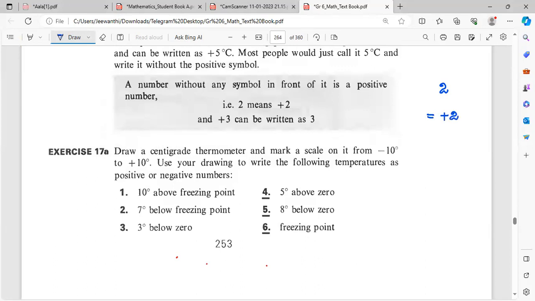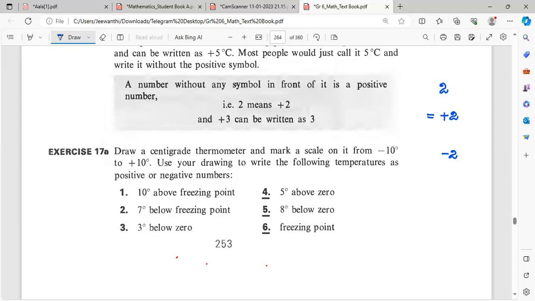Whether I mention the sign in front of the number or not, you know I am talking about positive 2. But if the value is negative, I have to specifically mention it. If the value is positive, I can just keep it as it is. We know we are talking about positive 2 or positive 3, whatever the number.